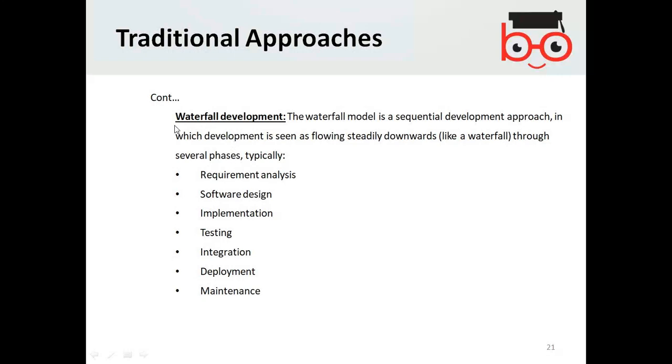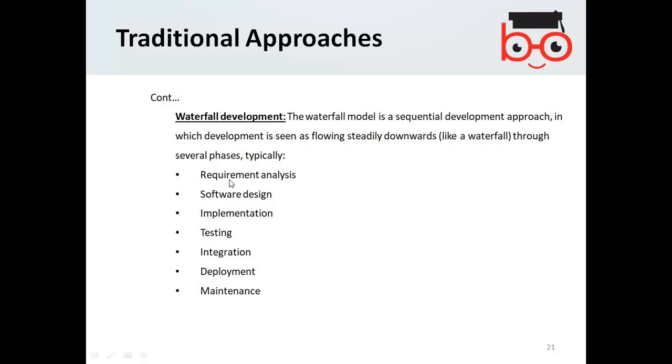We discuss a little bit more about waterfall development: requirement analysis, software design, implementation, testing, integration. Development is done steadily downwards like a waterfall through several phases. You are not allowed to go back.